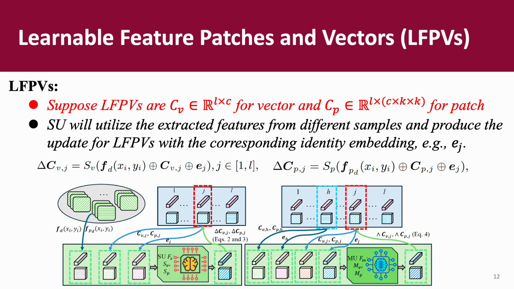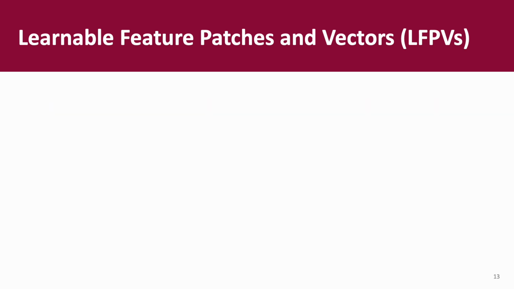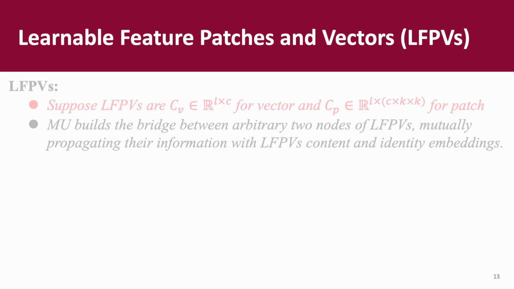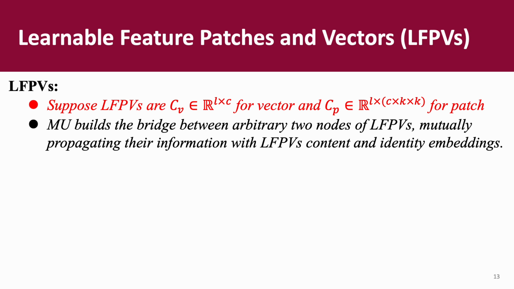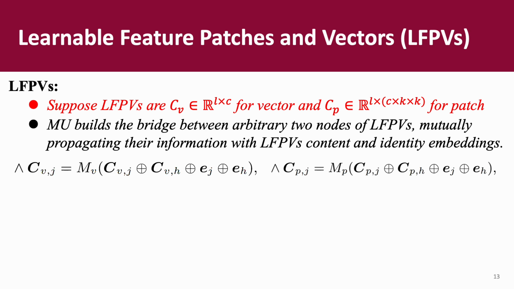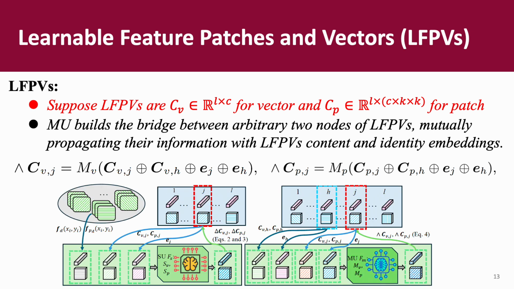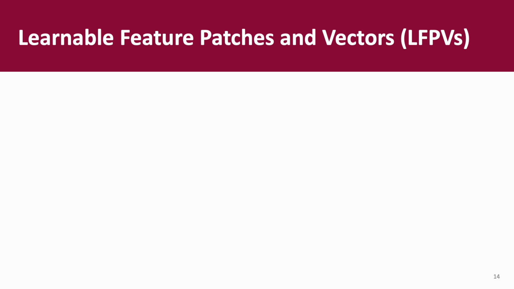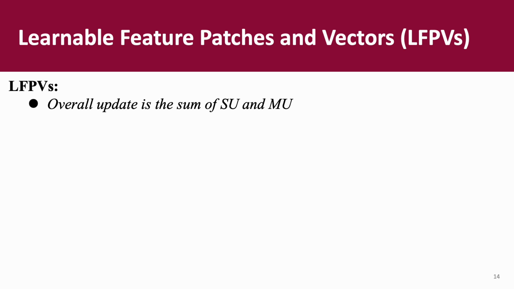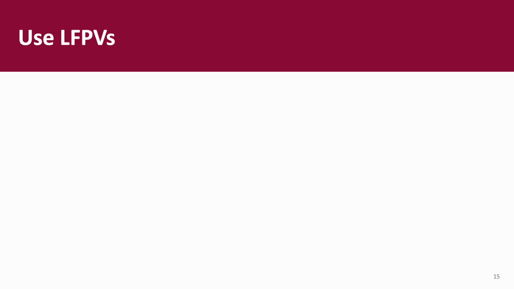The output is the residue, which can be added to the LFPVs vector and patch, updating their values. As for MU, the input includes two LFPVs vectors and patches, as well as their identity embeddings. Those two vectors or patches are mutually updated, randomly chosen. In this way, the final update is formulated by adding the residues output by SU and MU.